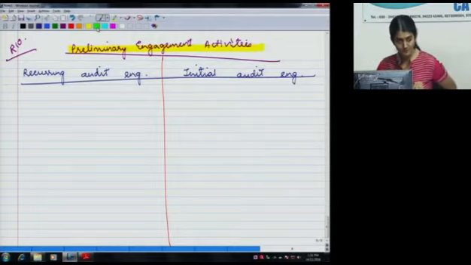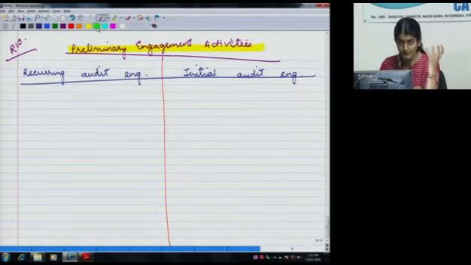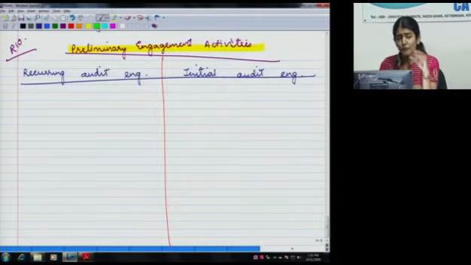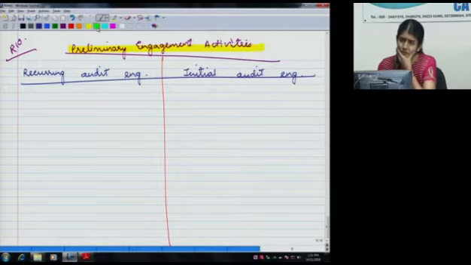Done? Right? These preliminary, मतलब audit plan बनाने के पहले, do you understand the heading now? What work is to be done? This work has been divided under two, recurring के लिए and initial के लिए. Right, tell me, before preparing an audit plan, what preliminary work should you do?